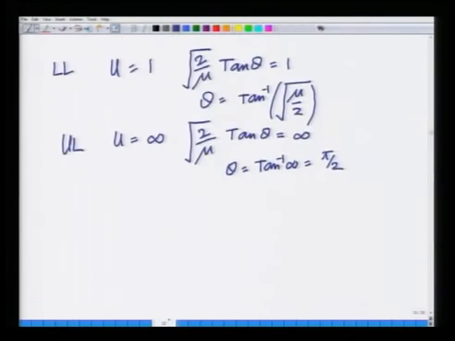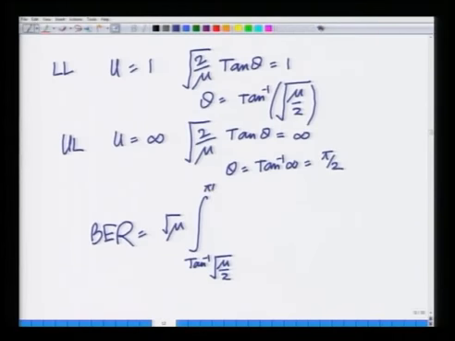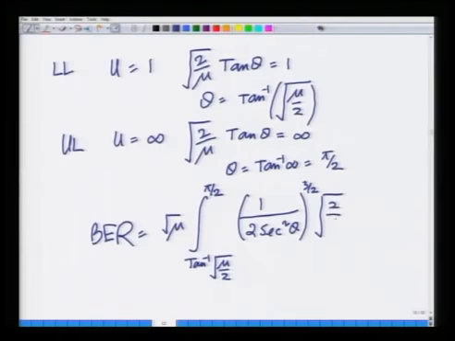So, this integral, you can please verify, it can be written as, the bit error rate becomes square root of mu integral tan inverse square root of mu over 2 to pi by 2, 1 over 2 secant square theta to the power of 3 by 2 into root 2 over mu secant square theta d theta.